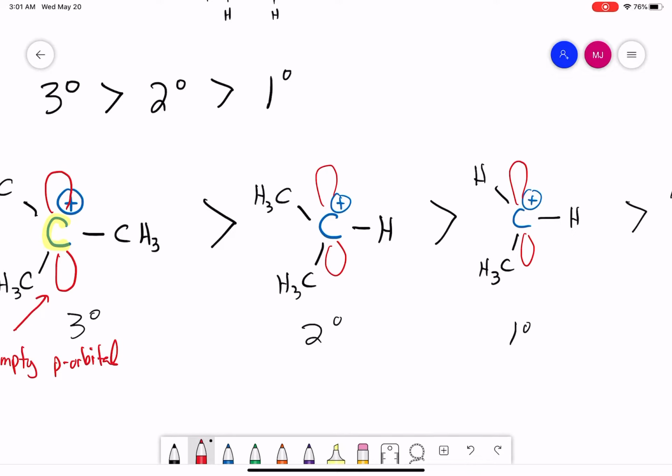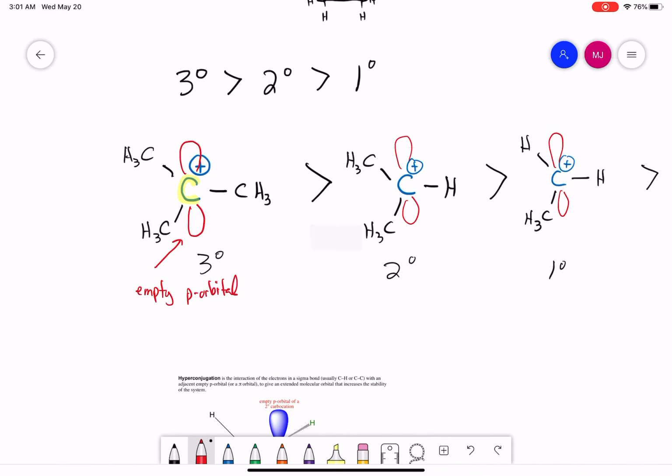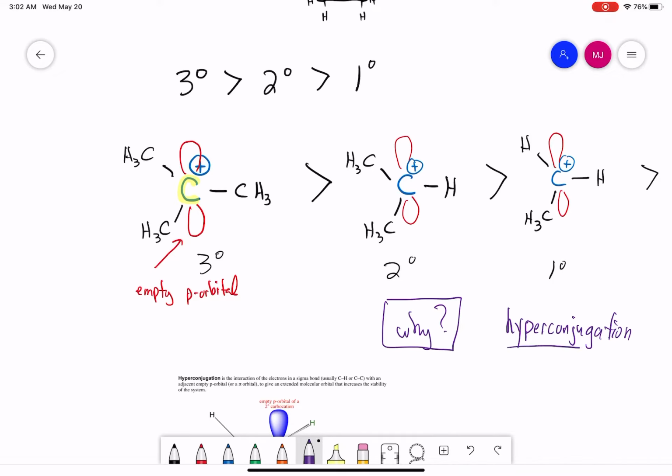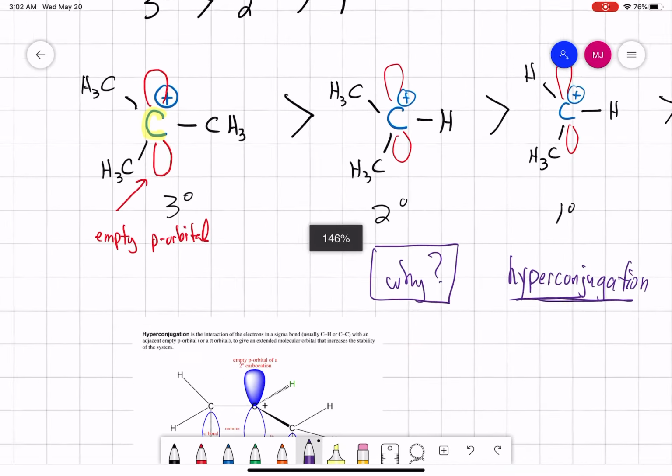All right. So the question is really why. Why is a tertiary carbocation more stable than a secondary, and so forth? There's a one-word answer, and that answer is hyperconjugation. All right, let's take a look at what hyperconjugation is.